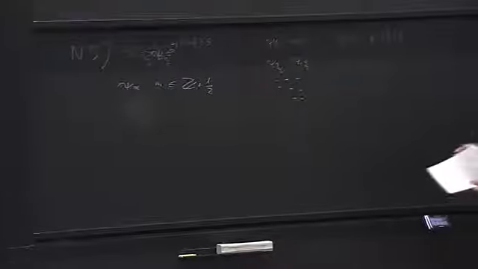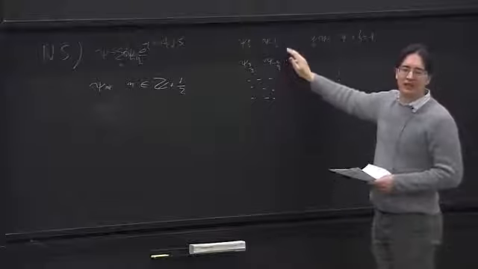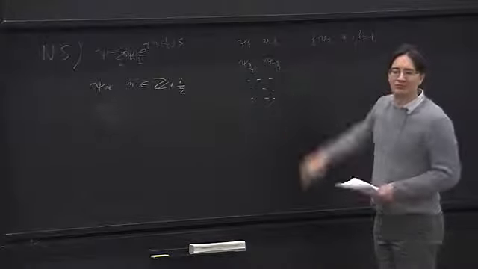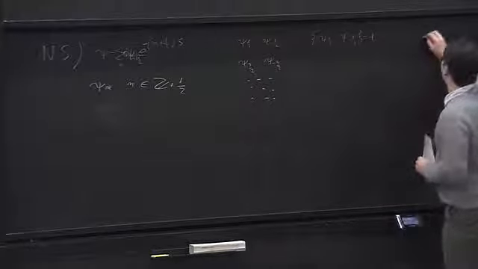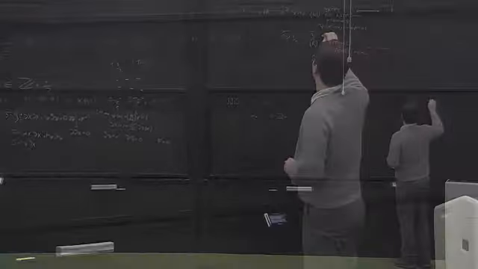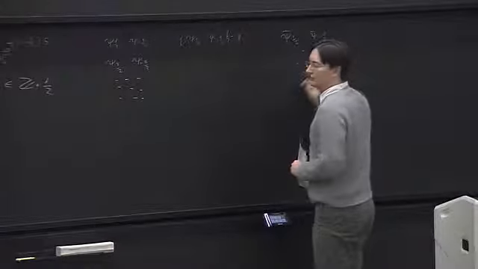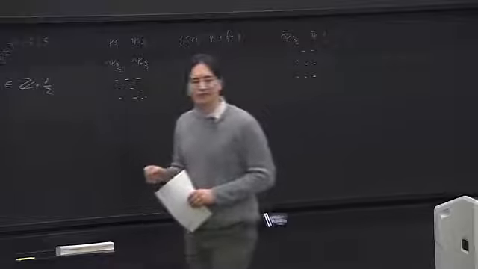And each of these raises the energy by the corresponding amount. So psi minus 1/2 will raise the energy by 1/2. And there are also, of course, psi bars, which do the same.